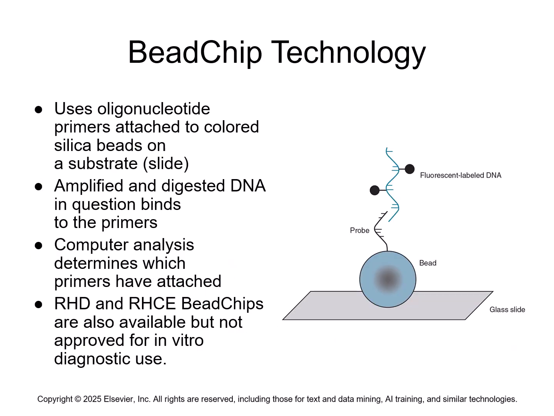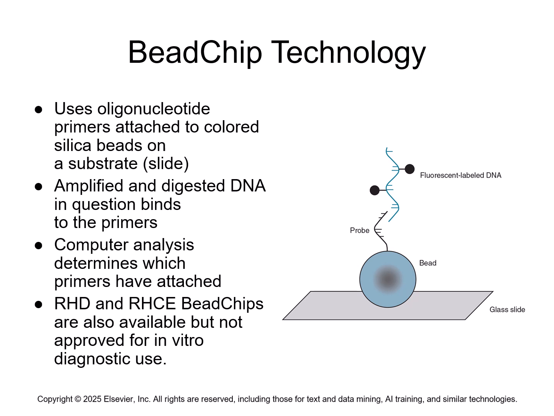Bead chip technology is another molecular-based method that uses short oligonucleotide primers. So these short primers are attached to colored silica beads that are stuck to a slide. These are amplified and digested DNA binds to these primers.